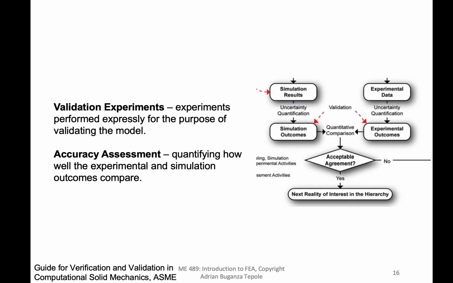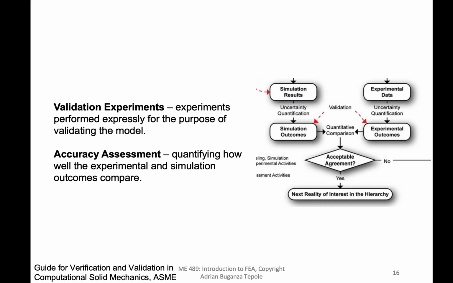And then in terms of the validation, one of the things that you want to do to validate your model is assess how accurate it is. So you want to quantify, to objectively measure the difference between the experimental measurements and the simulation.